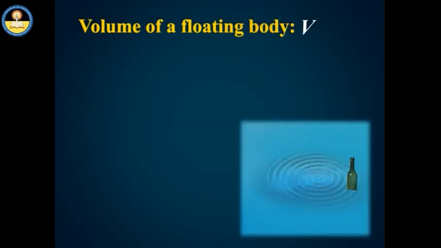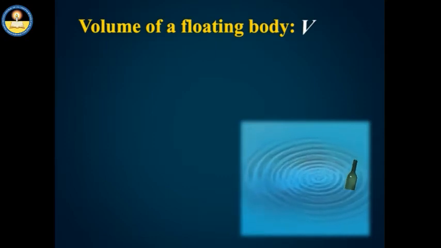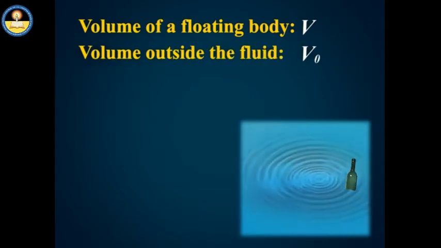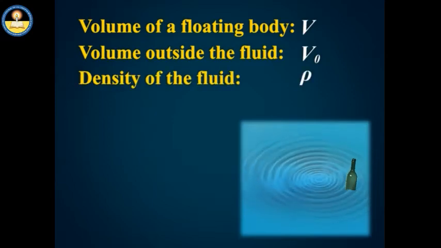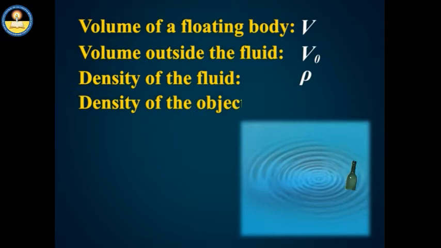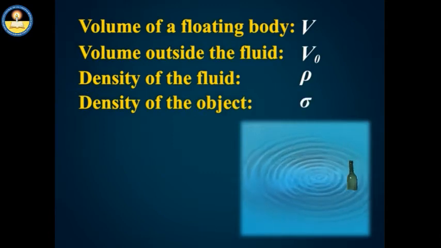If the total volume of a floating body is V and V0 is outside the fluid, let ρ be the density of the fluid and σ the density of the object.